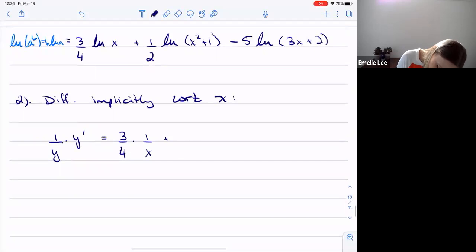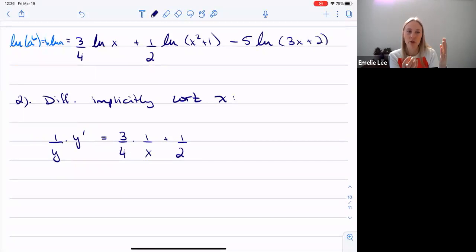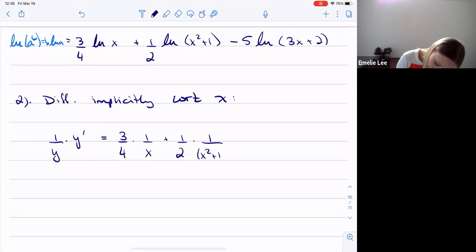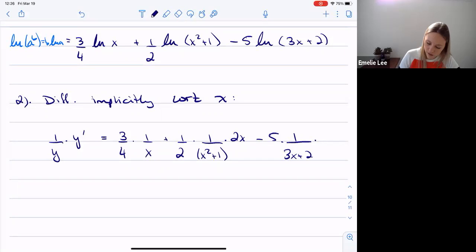So now I have plus 1/2. Remember, for taking the derivative, those constants just get bumped and multiply the derivative. So times 1 over x squared plus 1 times the derivative of the inside, right? Don't want to forget about that 2x. Minus 5 times 1 over 3x plus 2 times 3.